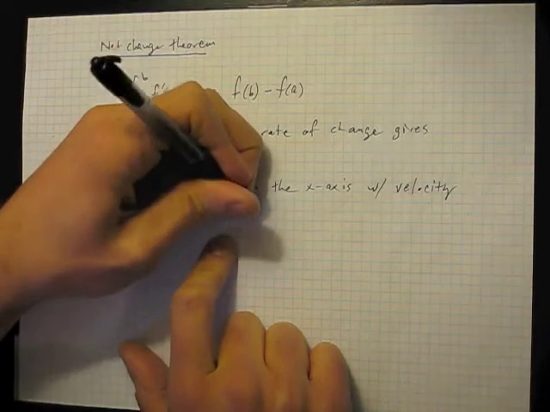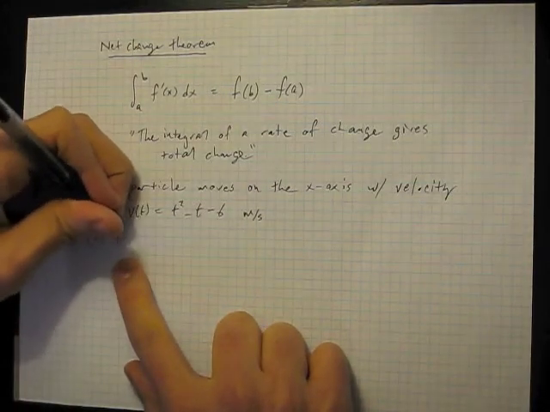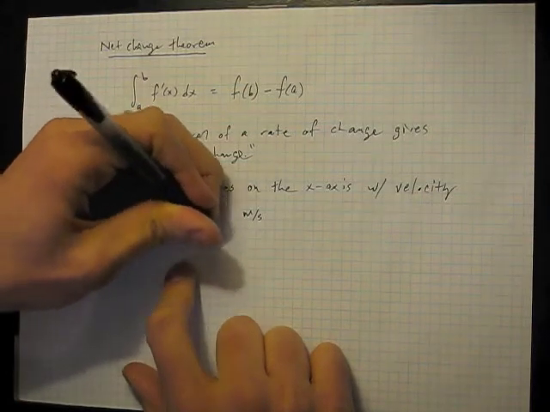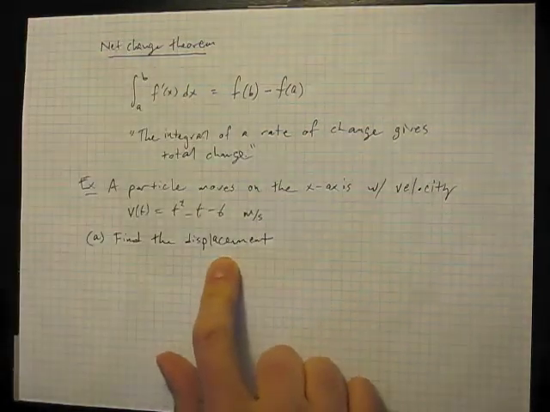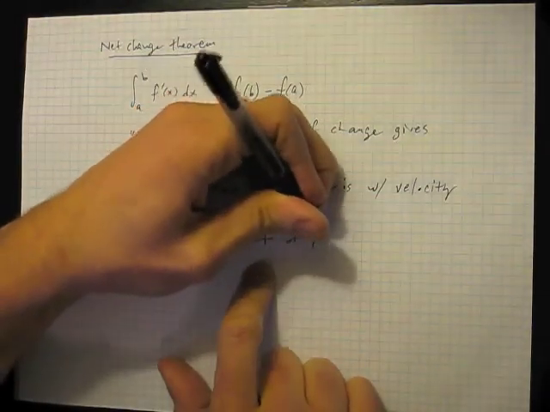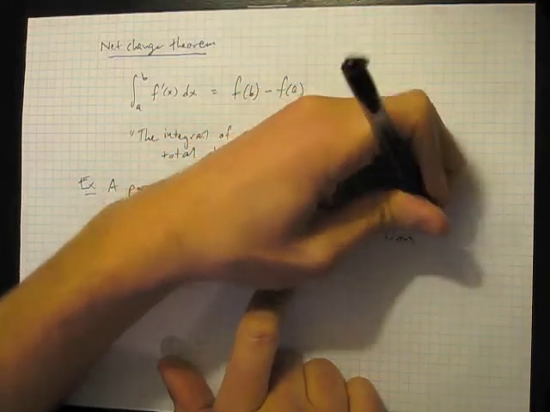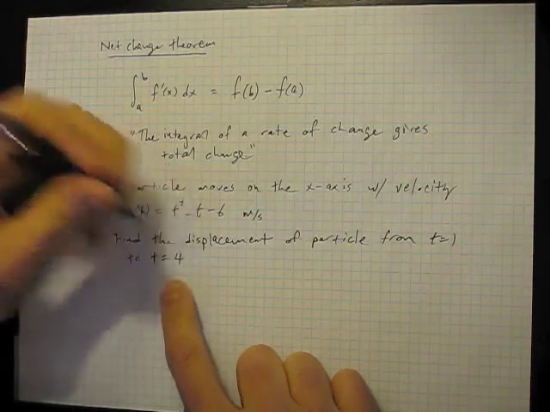And let's call this meters per second. Okay, part A. Find the displacement. So that is the difference in where the particle started and where it ended, from time equals 1 to time equals 4.